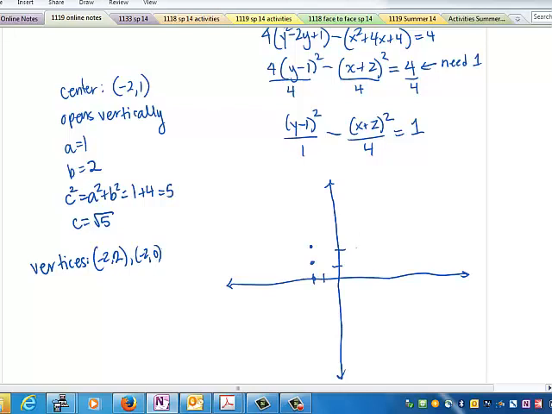And to get this sketch of the central box, we want to go 2 to the right and left of the center. And then we can sketch in our asymptotes.